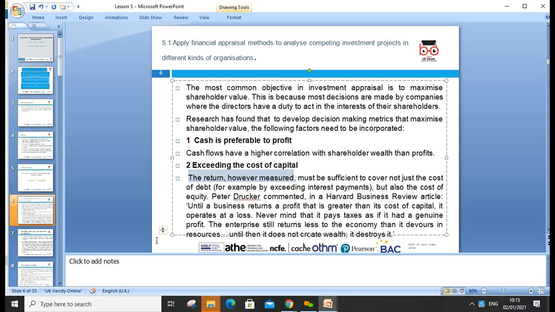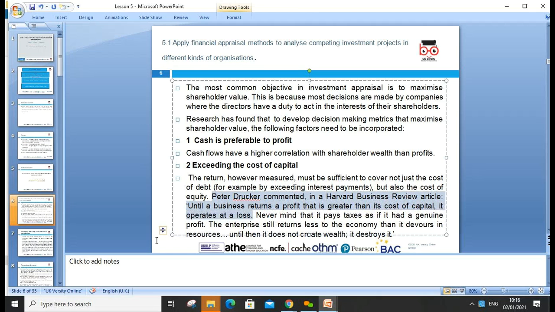Exceeding the cost of capital: whatever debt you borrow and whatever it costs you, you need to get more return. According to Peter Drucker, one of the great scholars, in a Harvard Business Review article, a business must return profit greater than its cost of capital.